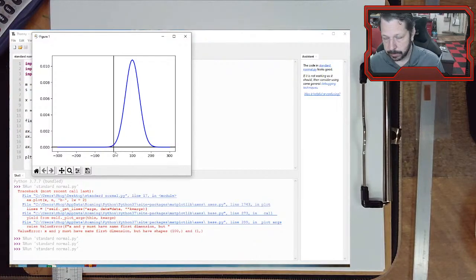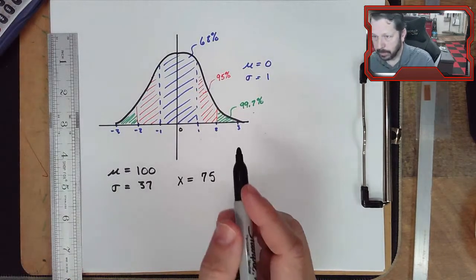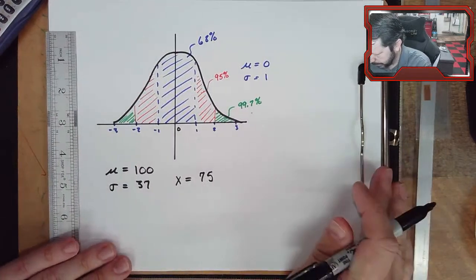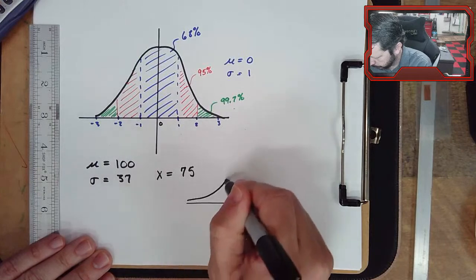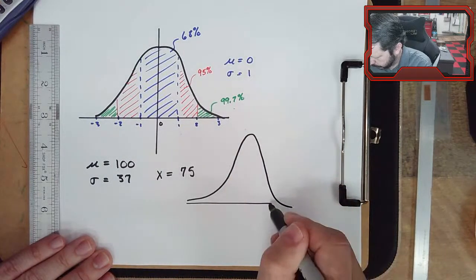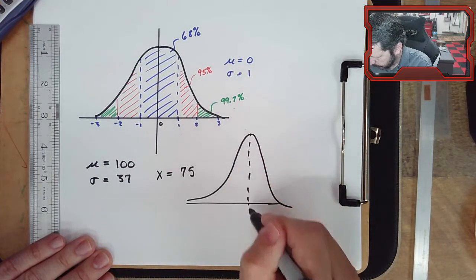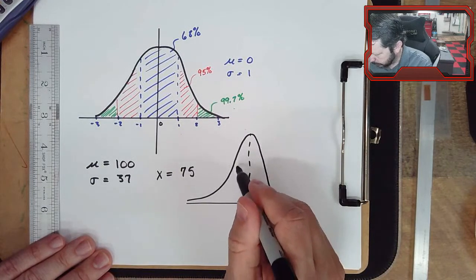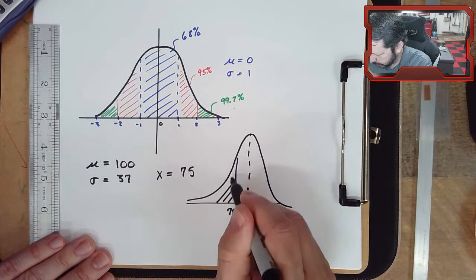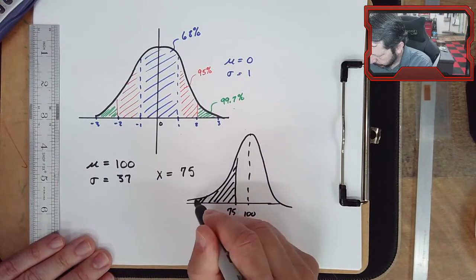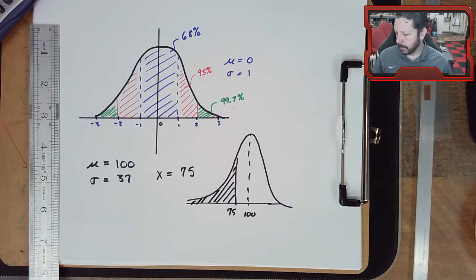All right, so on our graph, if we were to create a similar graph to what we created on the computer, there's 100 and 75's over here. I want to know this area. That's what I want to know.